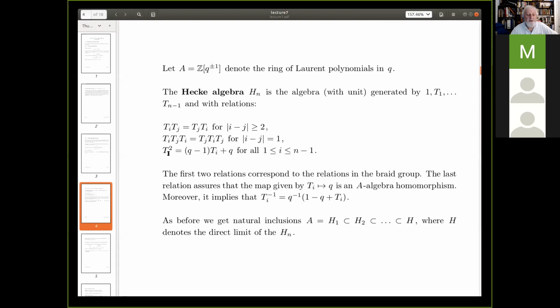But now we have Ti squared is (Q minus 1) Ti plus Q. Remember, P had to be Q minus 1 in order for the map from Ti to Q to be a homomorphism. And Ti inverse is given by that formula there. We get natural inclusions, and H denotes the direct limit of the Hn.